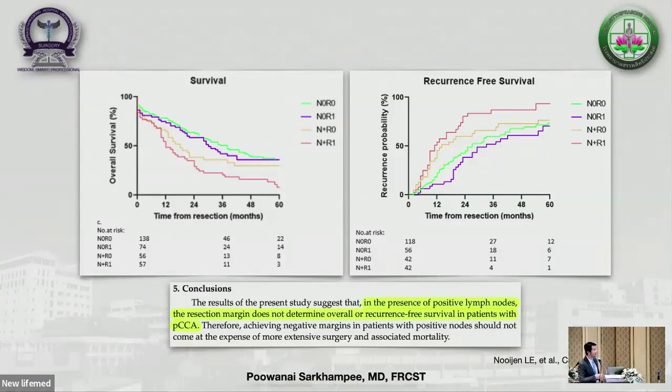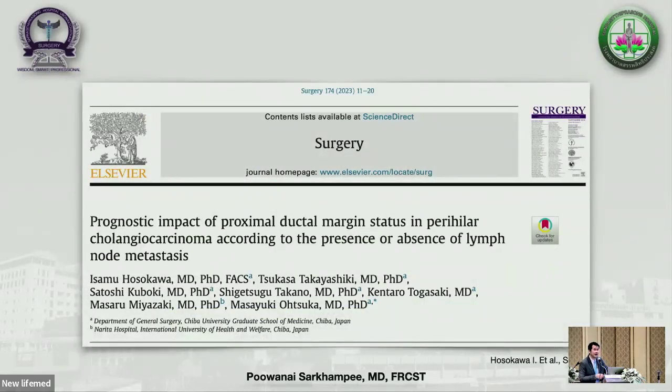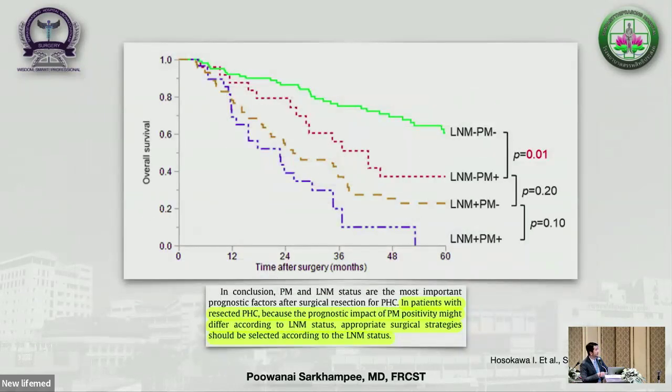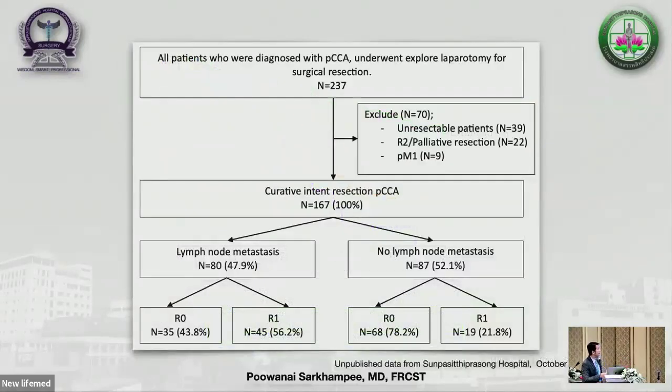However, in patients with node positive disease, R0 and R1 are not different. It's the same as the paper from Japan. They collected data and analyzed lymph node negative, lymph node positive, and resection margins. They found that in node negative patients there is a difference between R0 and R1, but in node positive patients, there is a difference but not statistically significant.